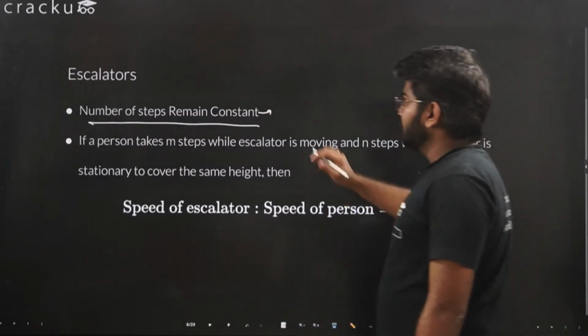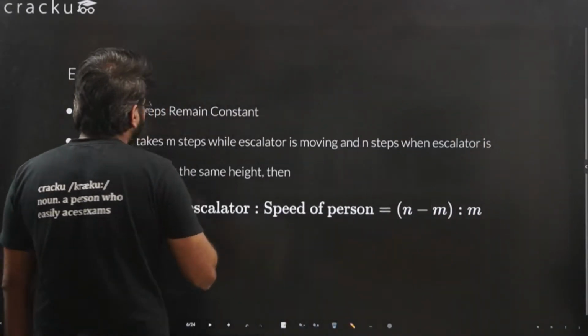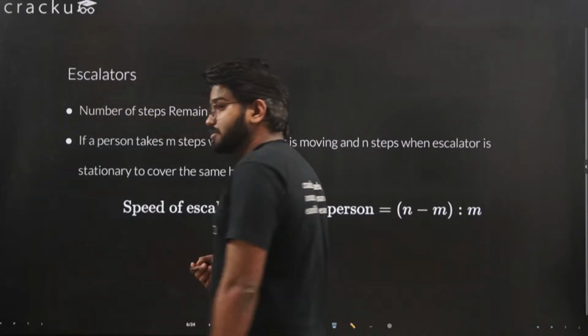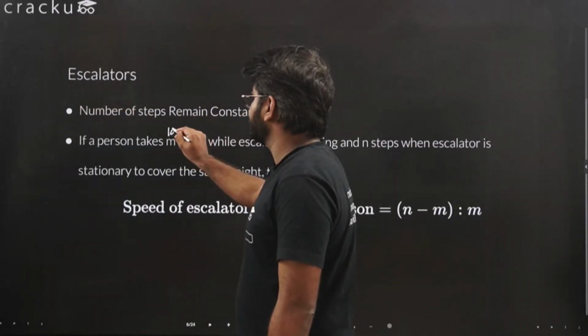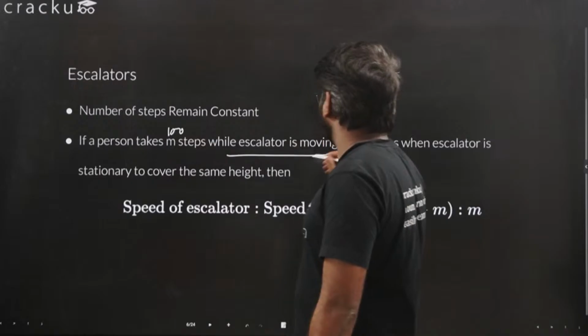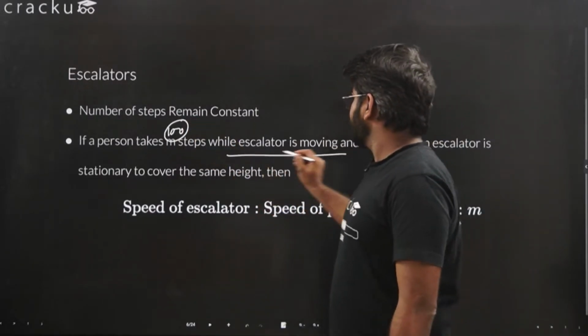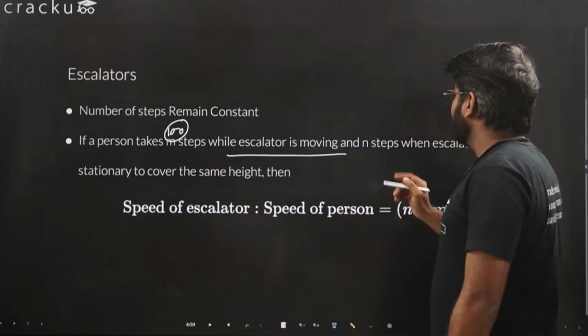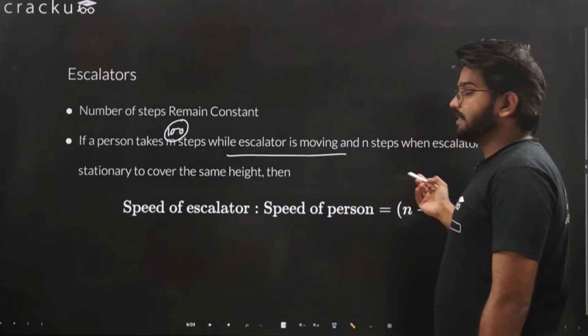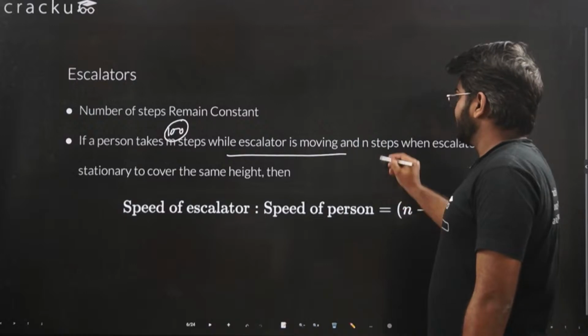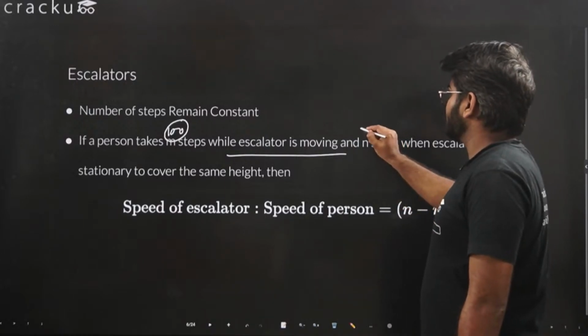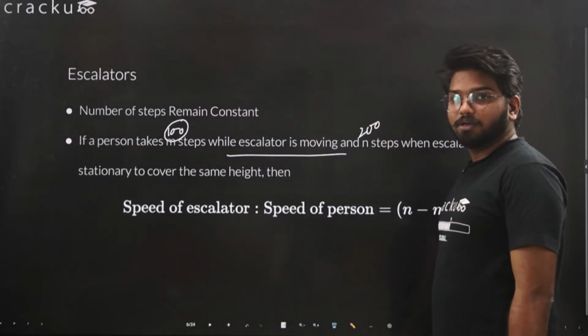Second thing, it says that a person takes m steps, let's say m is 100, when the escalator is moving, and n steps when the escalator is stationary. Let's say n is 200. Why?